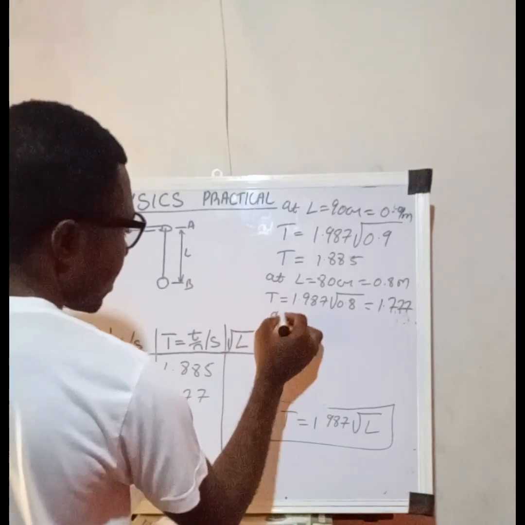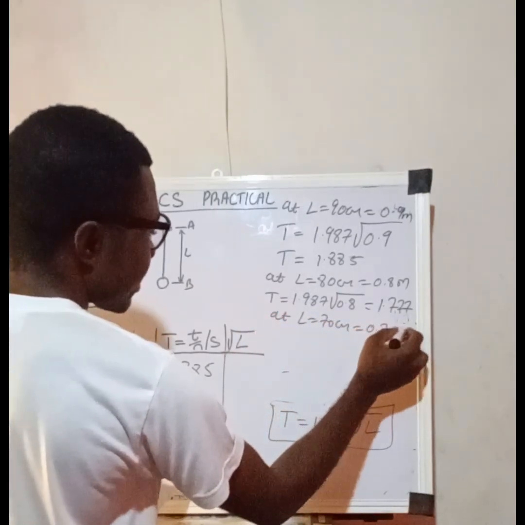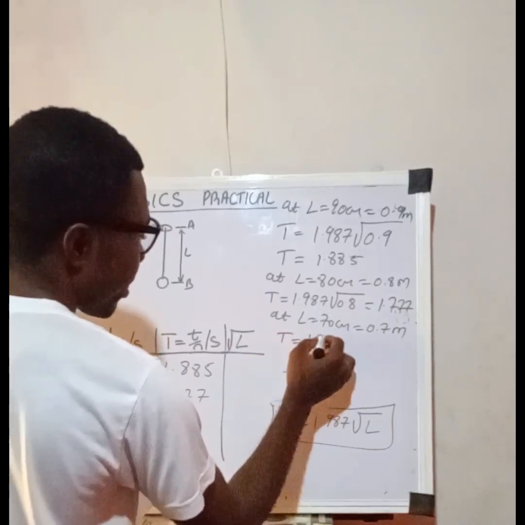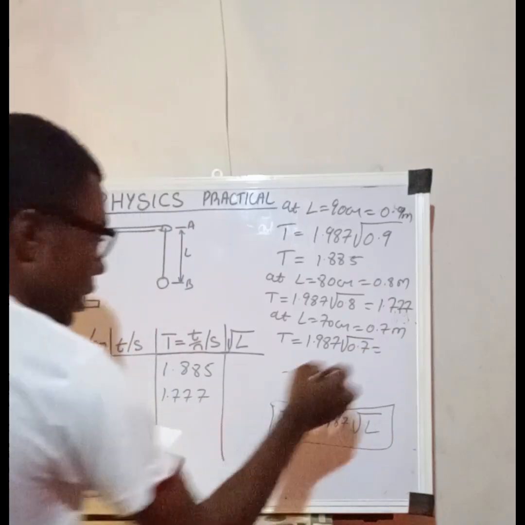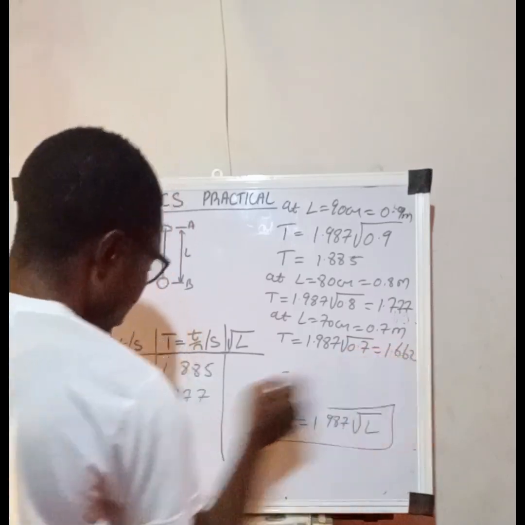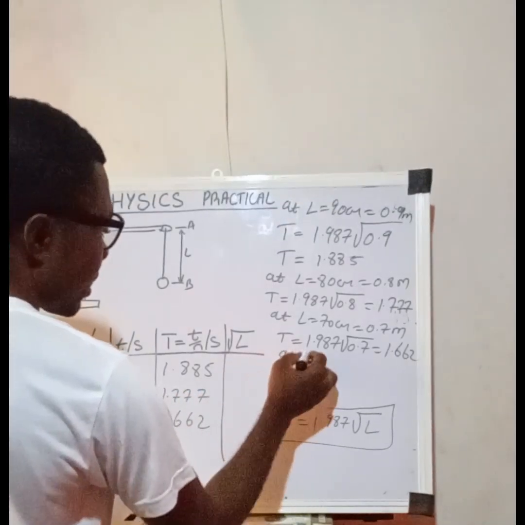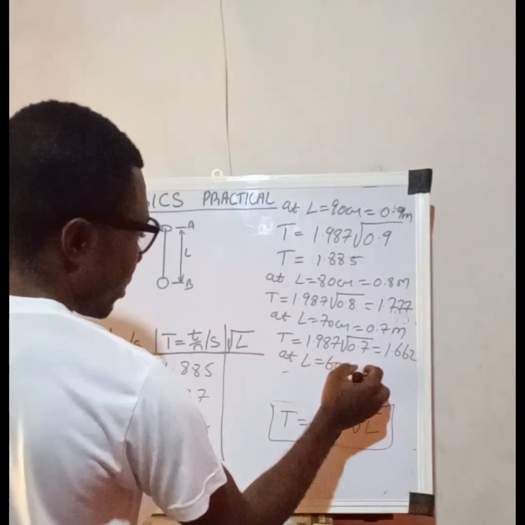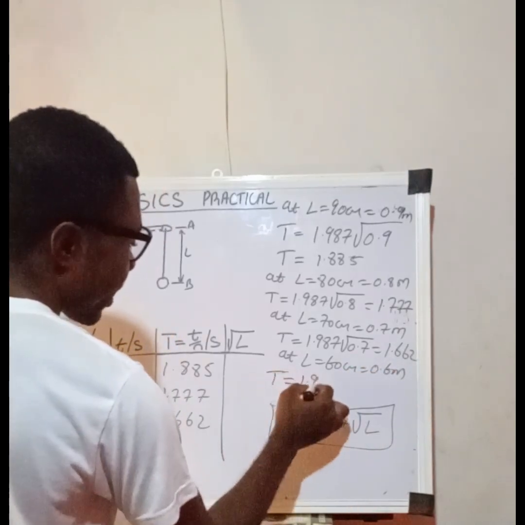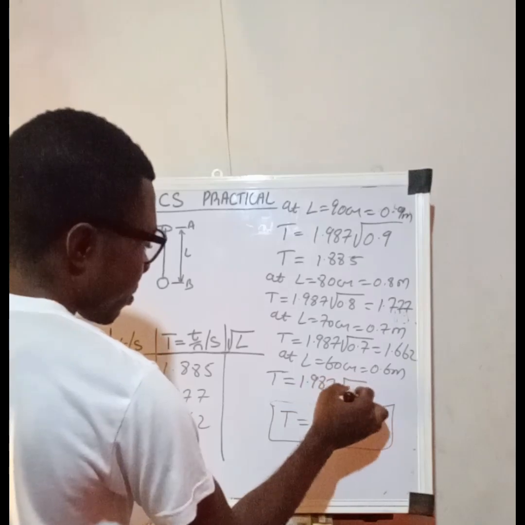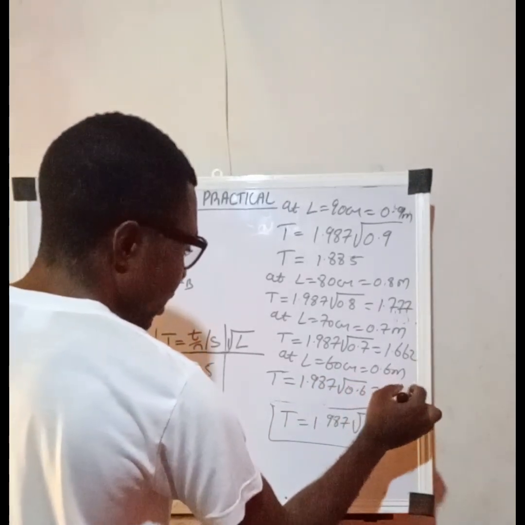Then at L equals 70 centimeters, which is 0.7 meters, our period is going to be 1.987 root 0.7, which I obtained 1.662. You write it here, 1.662. Okay, at L equals 60 centimeters, which is equivalent to 0.6 meters, the period will be equal to 1.987 root 0.6, which I obtained 1.539.